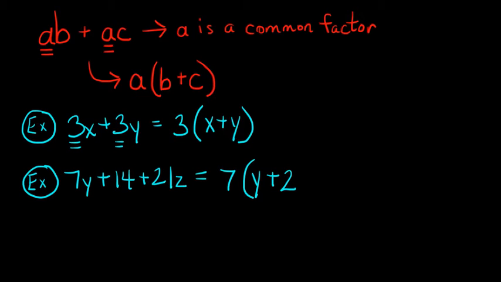Plus, let's take the 7's out here. What's 21 divided by 7? 3. Now the z has to stay because that's not in common. So I factored out a 7 from these and got an equivalent expression right there.